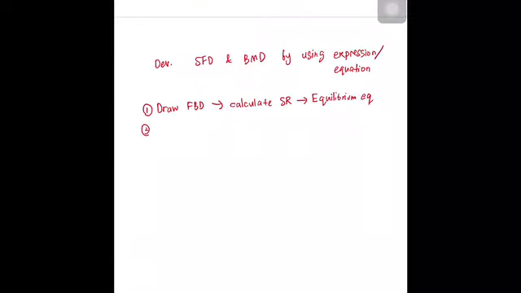Then, when you get the support reaction values, you can start cutting the segments by following the direction of cutting, by using the expression method.